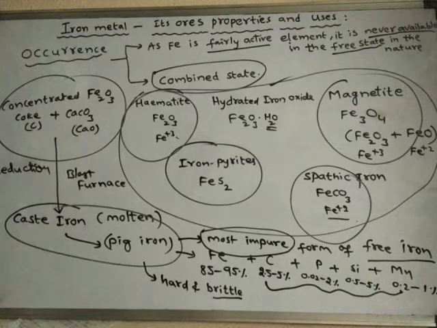Instead of breaking down, they expand, or they become thin sheets. Then they are not said to be brittle. So which one is brittle? The one which breaks down into pieces upon beating is said to be brittle in nature. So this cast iron or pig iron is brittle in nature.